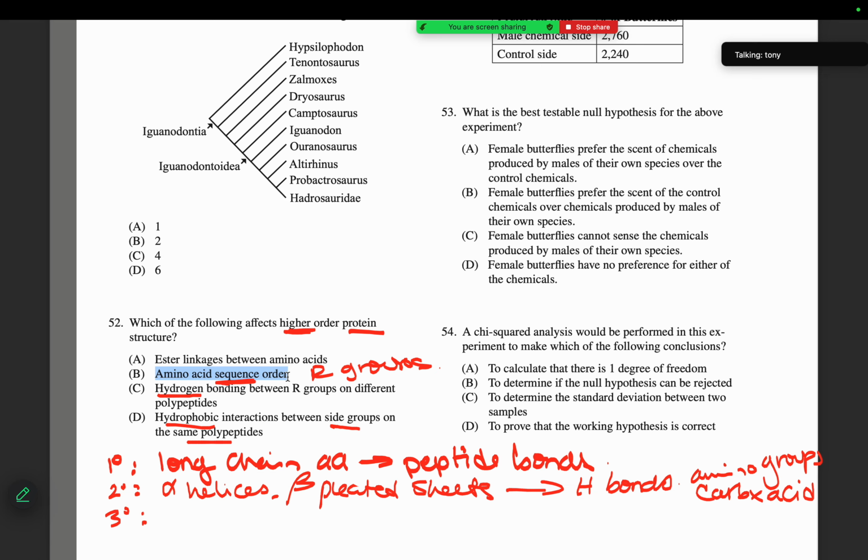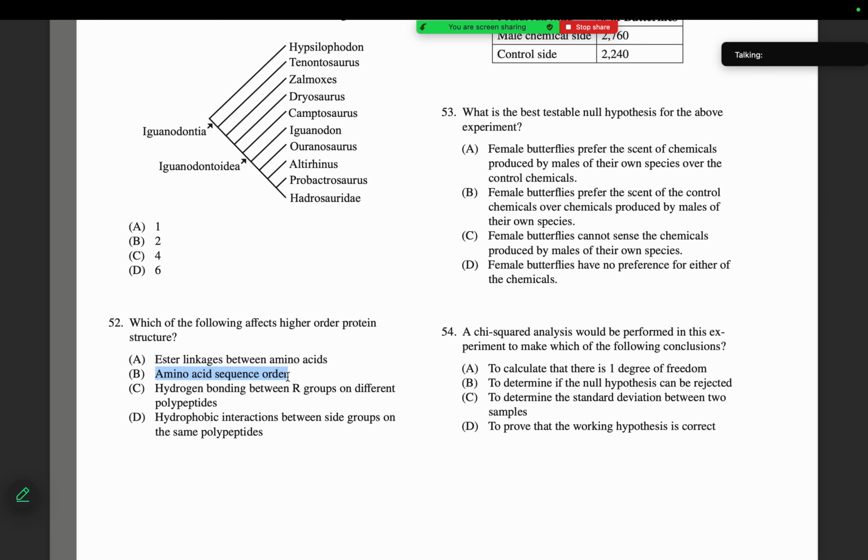Wait, what is ester linkage again? Ester is like this. Like this group is called ester linkage. Wait, is the O oxygen? Yeah.